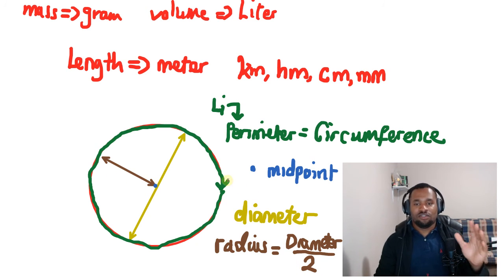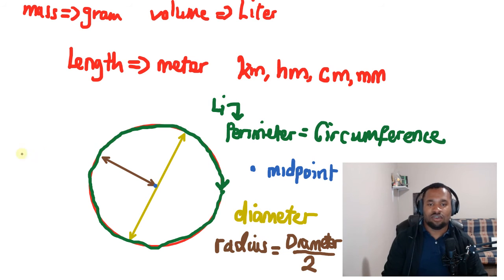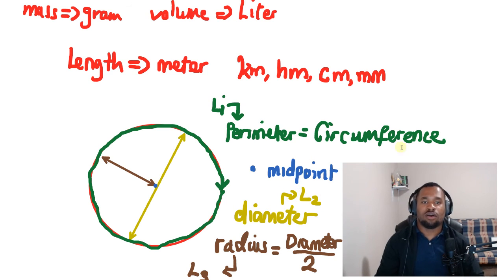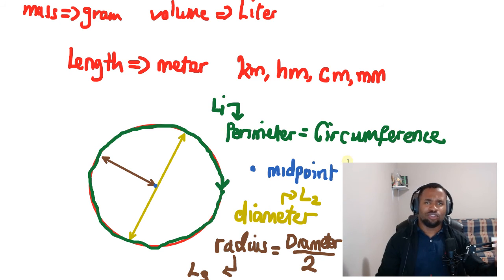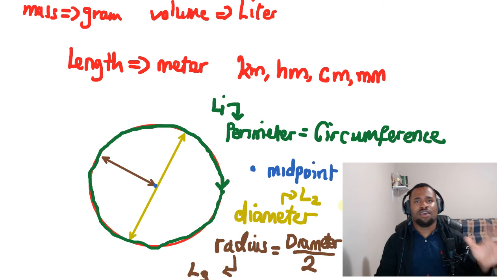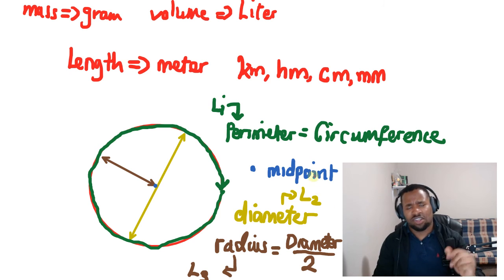So take note that the radius is the third length that we've discovered, and our second length in here is called the diameter, and they all come from the midpoint of a specific circle. And down the road, we're going to be able to determine the circumference of a circle based on the radius, based on the diameter.